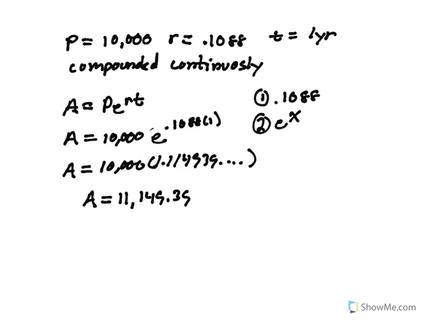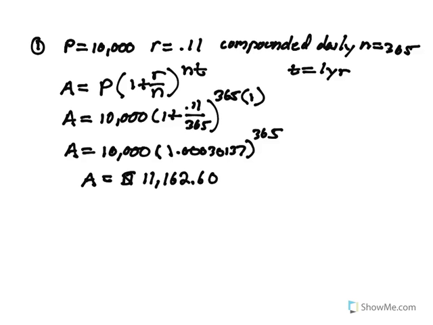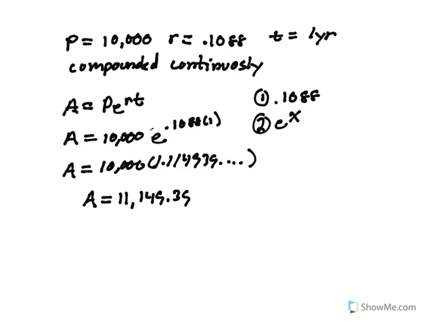Remember, the first calculation was $11,162.60 when compounded daily, and when it's compounded continuously, you get $11,149.39.